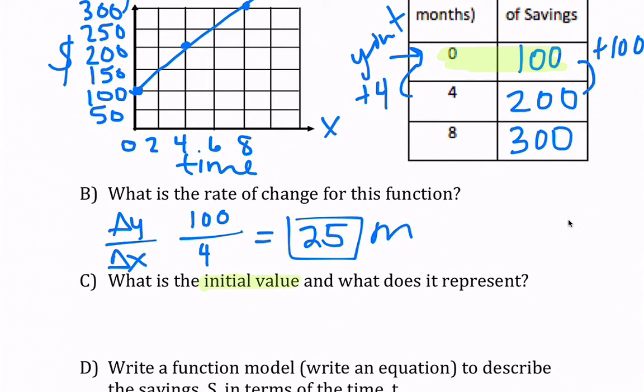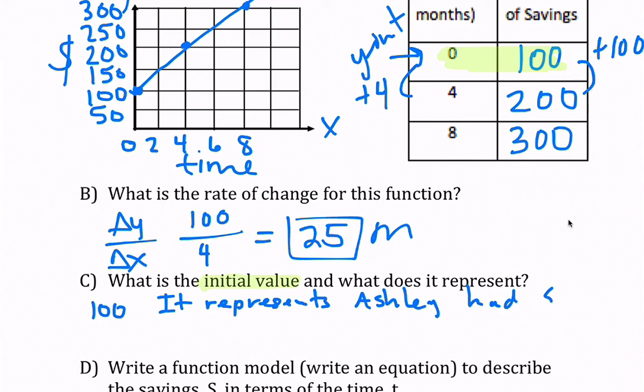So I know my initial value is 100, and it represents that Ashley had $100 at the start.